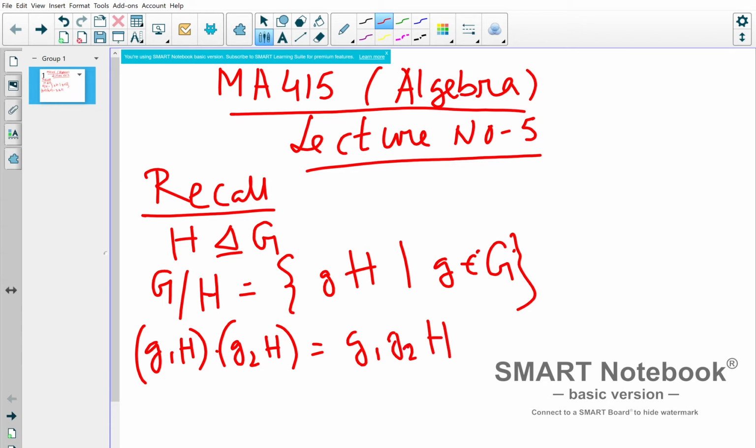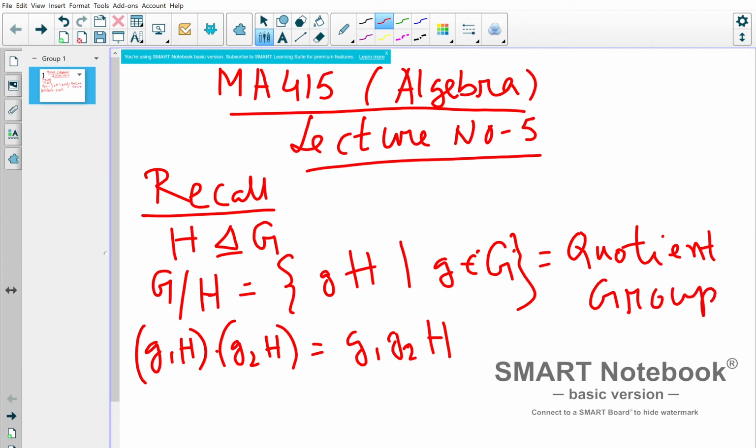We showed that this operation is well defined and satisfies all the properties of a group. So it makes G mod H a group, which we call the quotient group or factor group. We already discussed that in our last class.